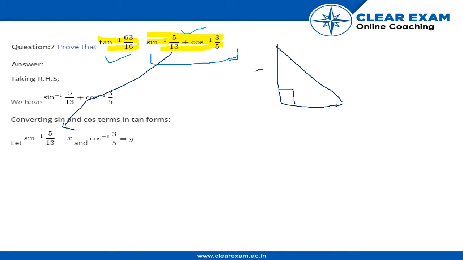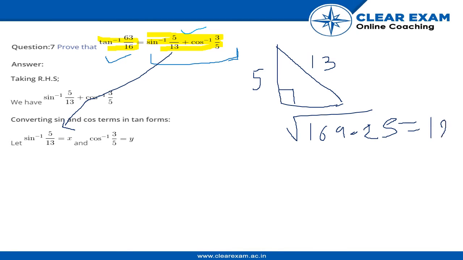That means this side is 5 and this is 13. By Pythagoras theorem, the third side becomes the square root of 13 square minus 5 square, that means 169 minus 25, which is 144. So this side becomes 12.